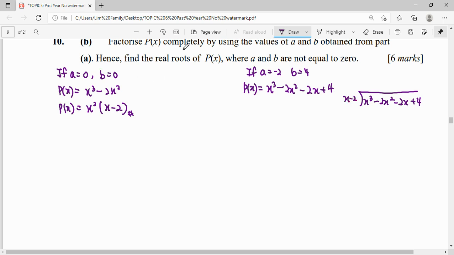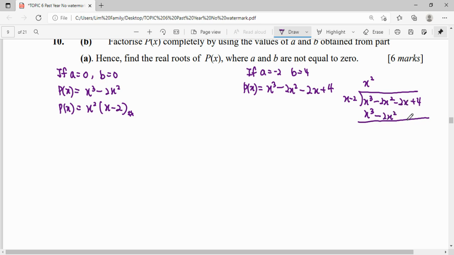So how do we do long division? We will find the multiplier here. How to find it? We divide x cubed by x, so your multiplier here is x squared. Then we expand, so we multiply back. You'll notice that your x cubed will be cancelled. When we subtract, it is 0, and here also 0.